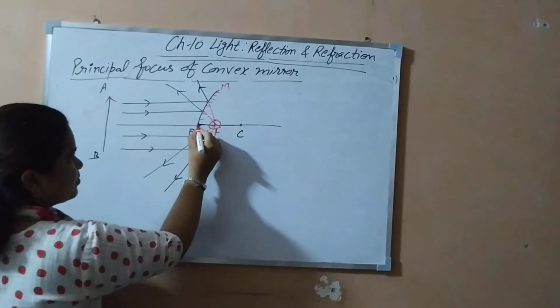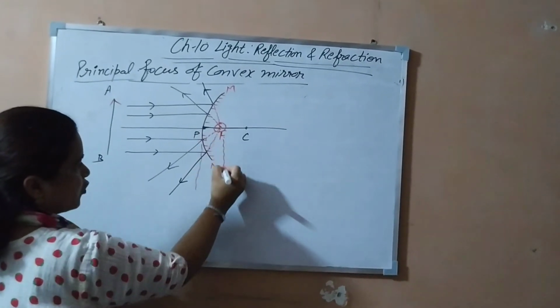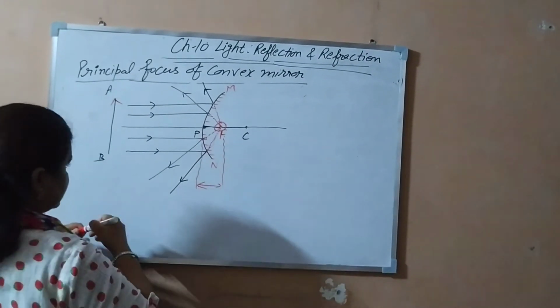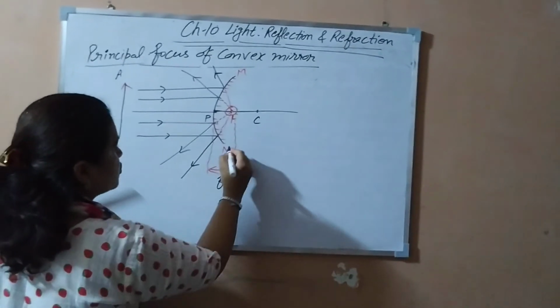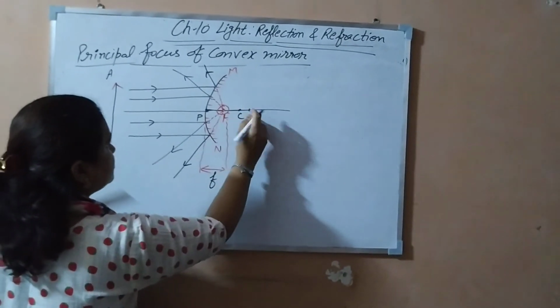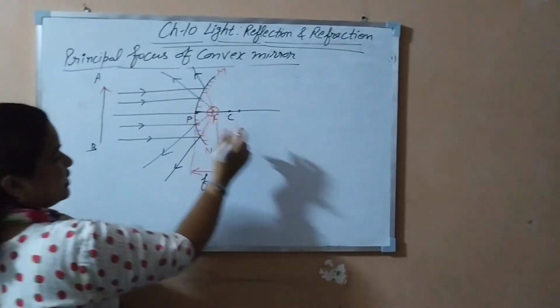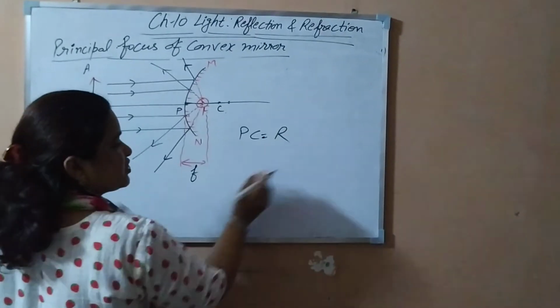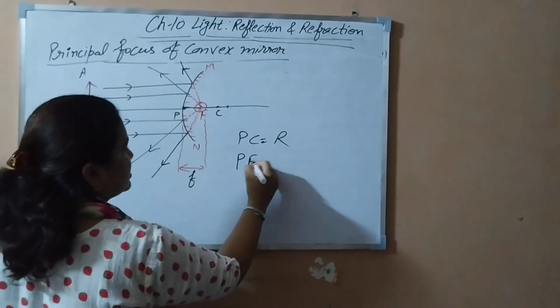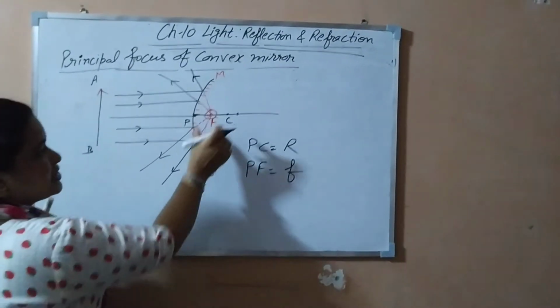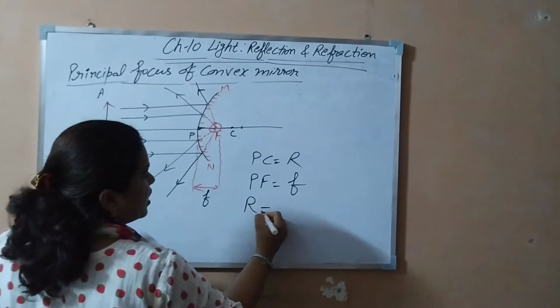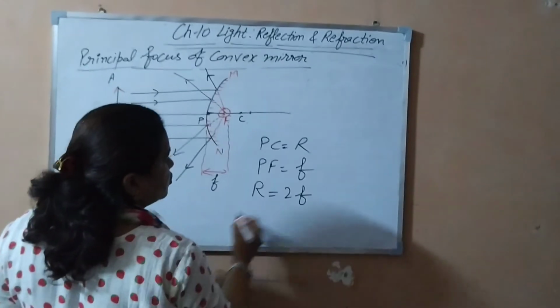And the distance between the pole and this focus is known as the focal length. Again, PC is the radius of curvature given by R, and PF is f, and this focus is the midpoint of the radius of curvature, that is R is equal to 2f.